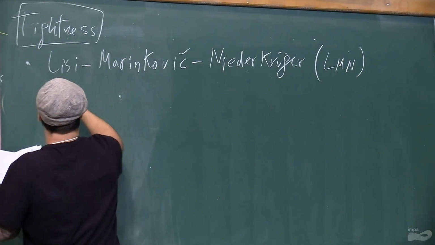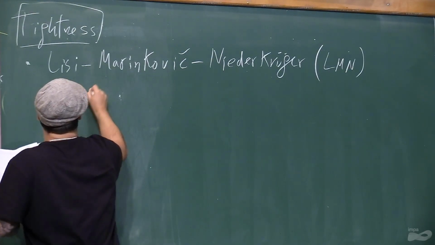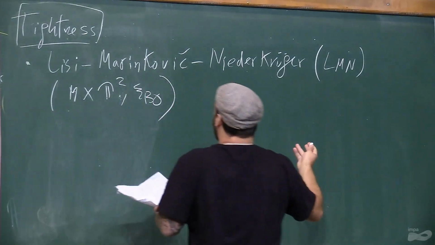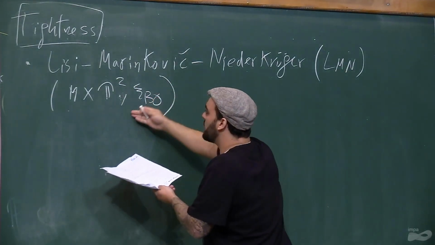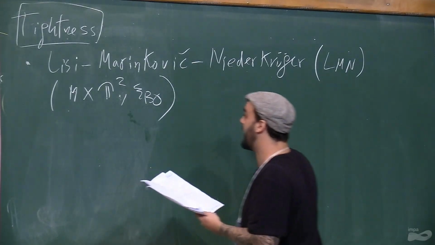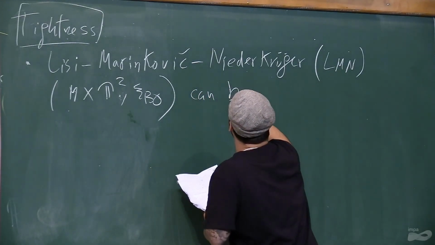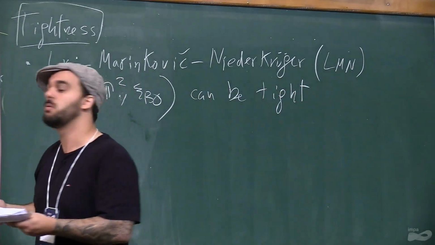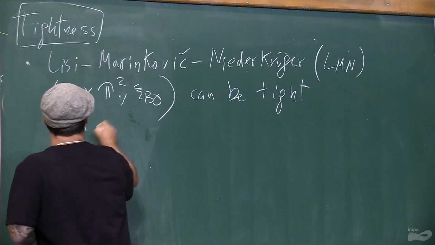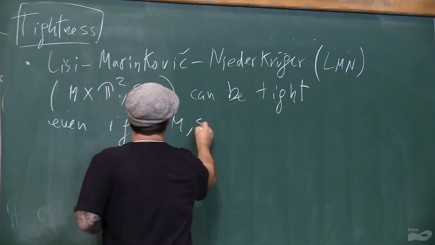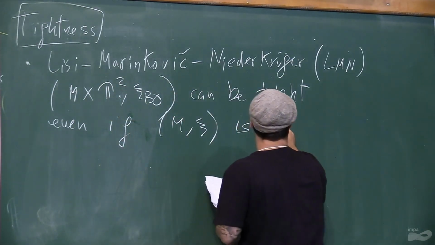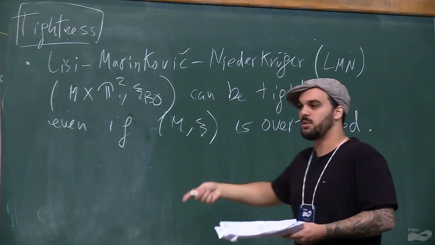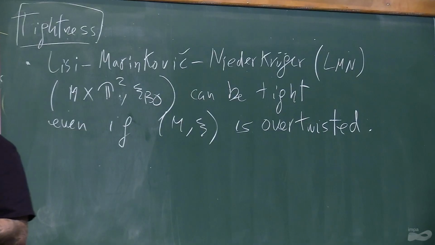They basically give examples of Bourgeois contact manifolds which can be tight, even though the original starting manifold was overtwisted. So in some sense, the overtwisted property is not something that stabilizes under this construction.